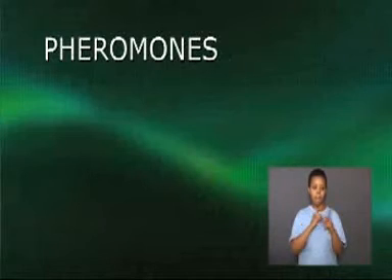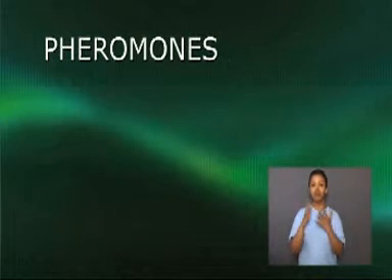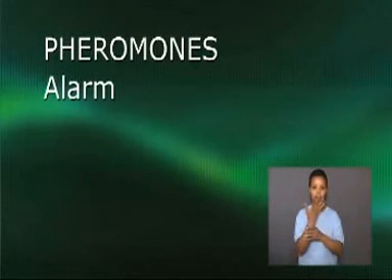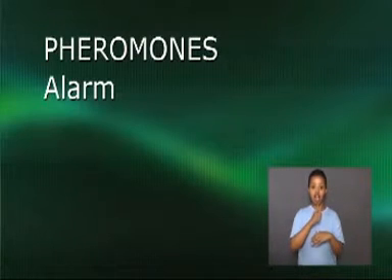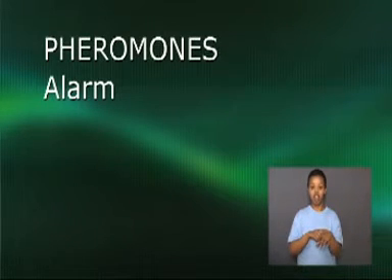Pheromones are chemicals secreted by one animal, typically the female. They are used to provoke a behavioral response in another animal. There are many different types of pheromones. Alarm pheromones are secreted by animals when they are being attacked.